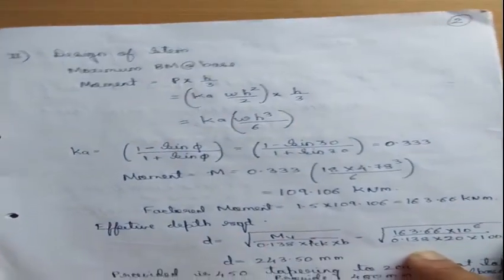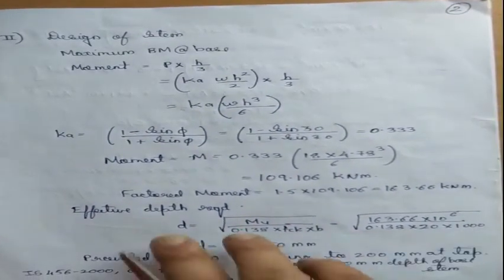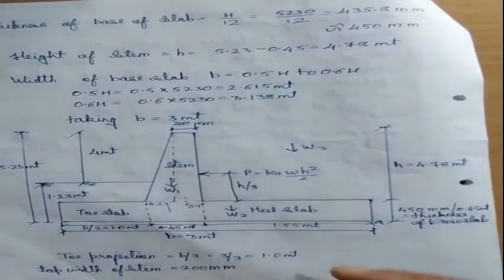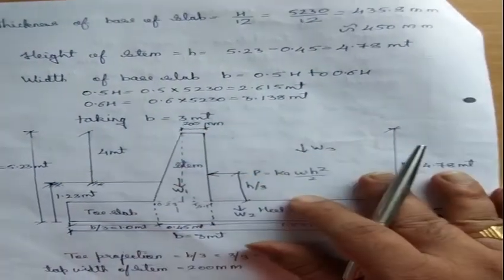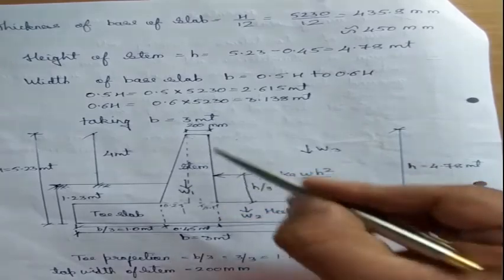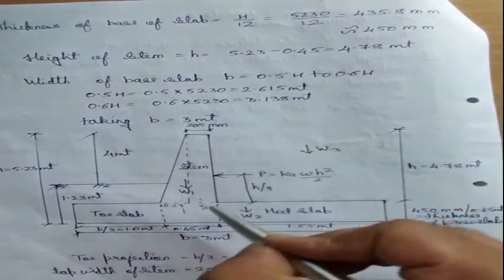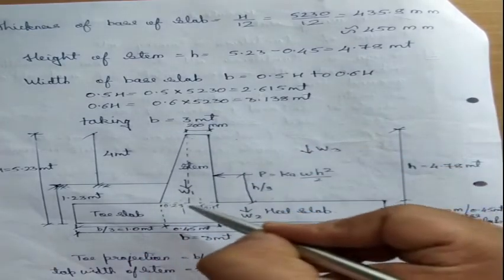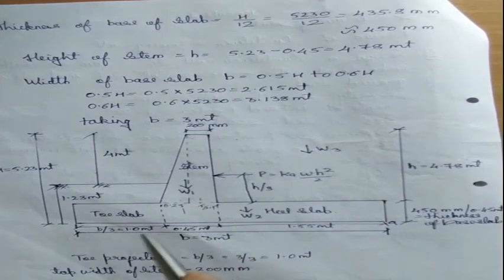Now, let us see the components here. This being the total height h, this being the stem. The top width of the stem is 200 mm and the bottom width I will take as the same, 0.45 m. So, we have the width of the base slab and the thickness of the base slab.